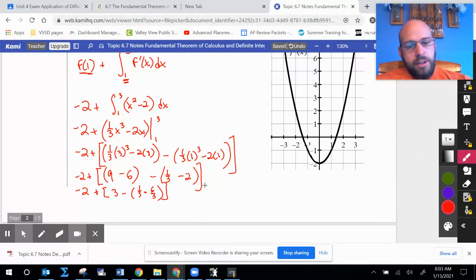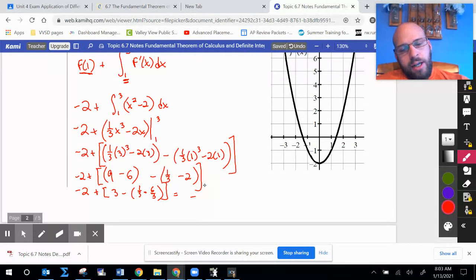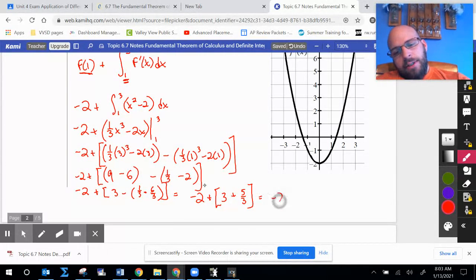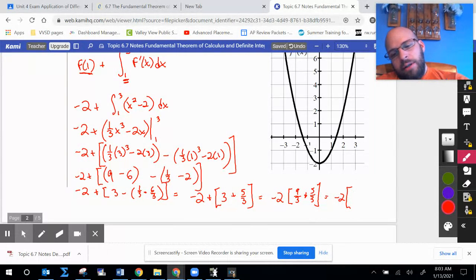So I have -2 plus 3 plus 5/3. So again, if I get common denominators, I get -2 times 14 over 3, or -28 over 3.